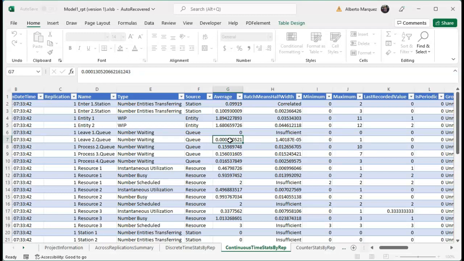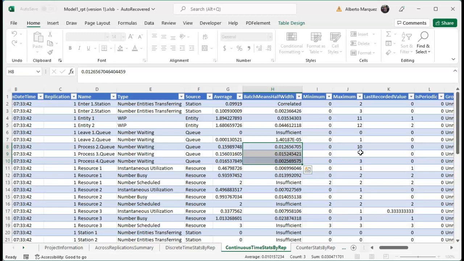The time waiting in the leave 2 queue and process 2 queue, the queues associated with the leaving, waiting for the transporters or the conveyors associated with the leaves, and the processes associated with the actual transformation of the product, are listed here. These are the waiting times and the corresponding number of units waiting, and the confidence interval to know how many units are waiting.